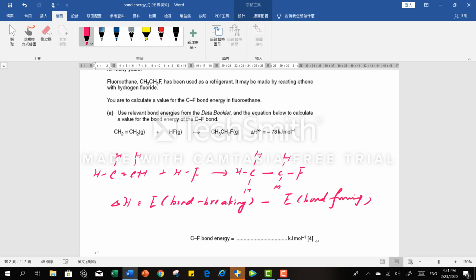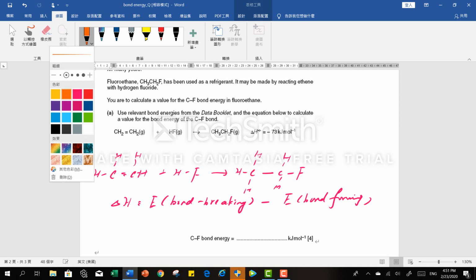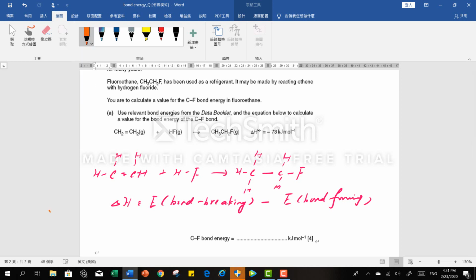So in order to turn the reactant to product, we will look at what kind of bond we need to break. So basically you have to break down the double bond and you have to break down the H-F bond.